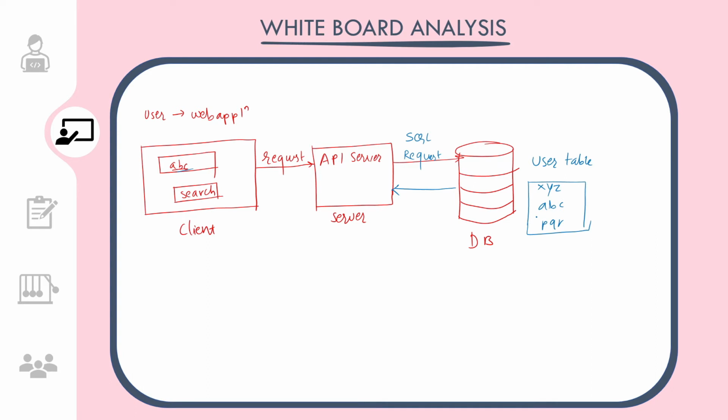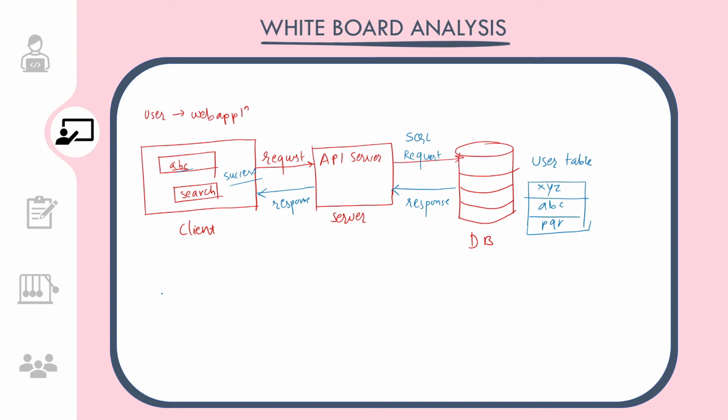Automatically the database will give the response that the query is matched, the entry is matched, and the database has the data. This will be the response given by the database, and the search will be successful. So ideally, this is the very normal process.